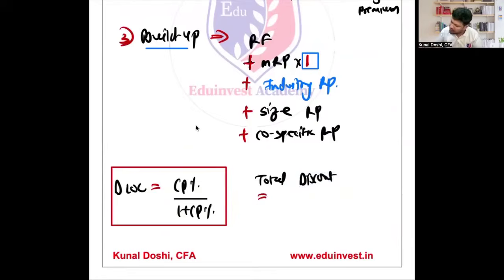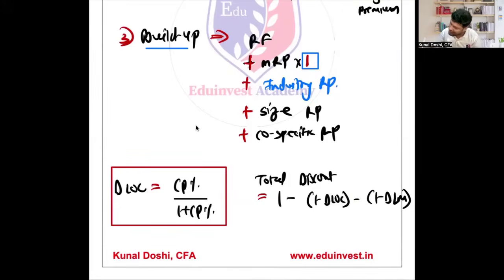Total discount is 1 minus we do the discount for lack of control and discount for lack of marketability, right? So it is 1 minus discount for lack of control, times 1 minus discount for lack of marketability.